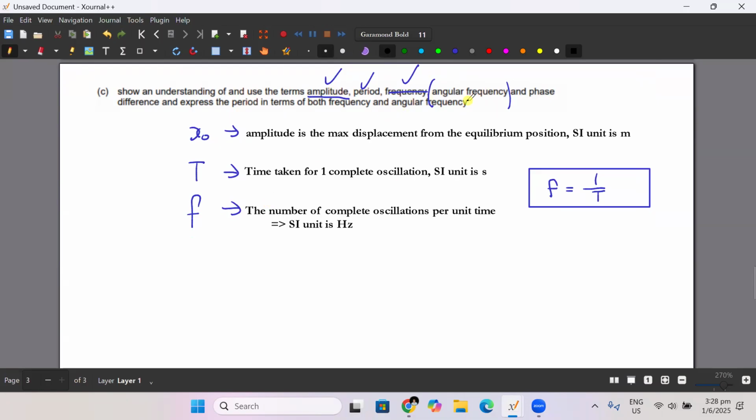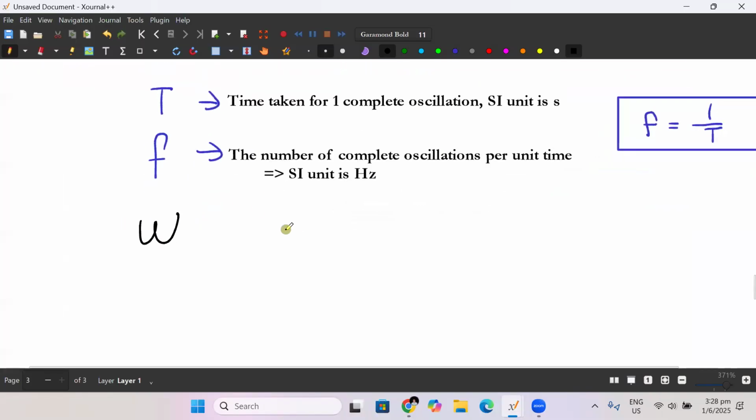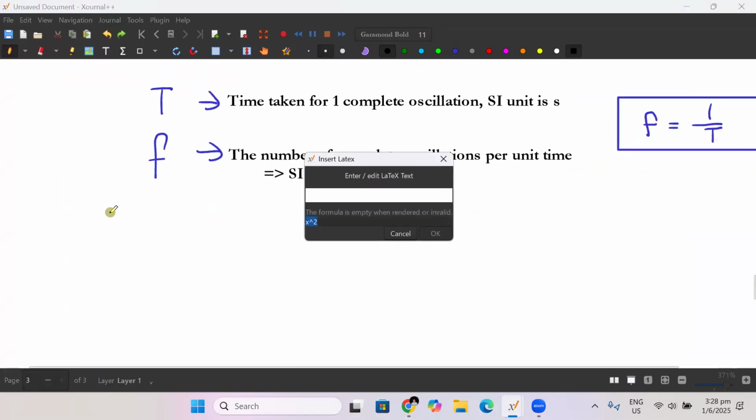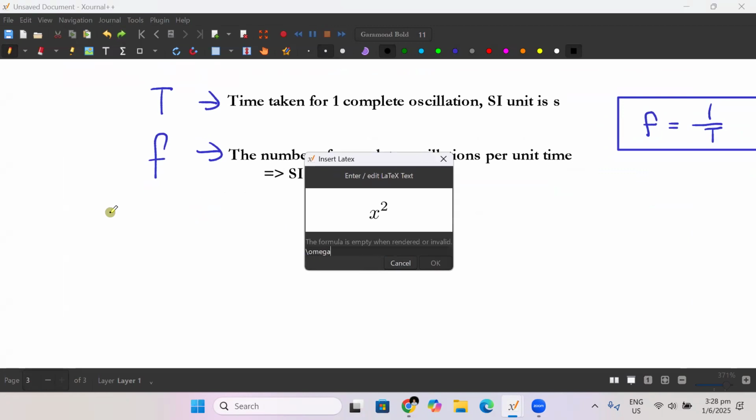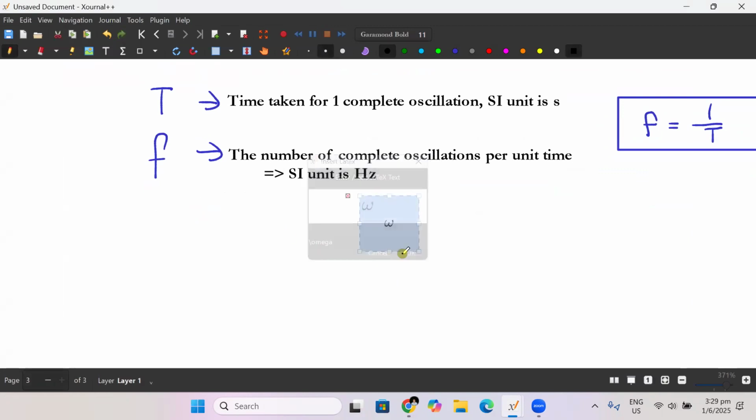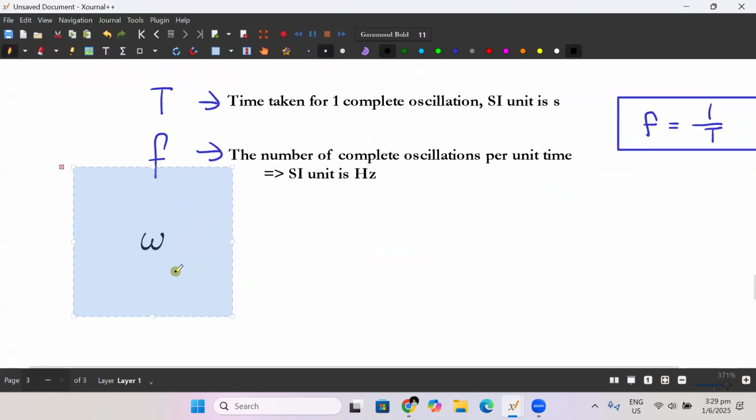So let's analyze angular frequency. Let me write the symbol first. Omega is angular frequency. If you think I write an ugly W, this is what omega looks like, just a cursive W.